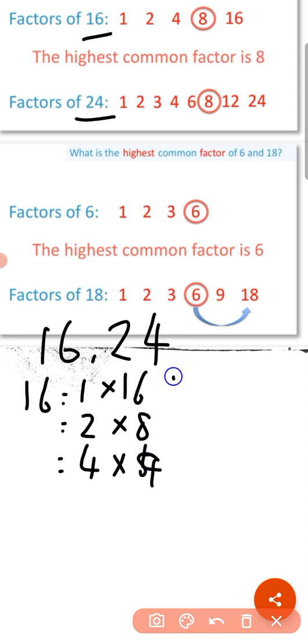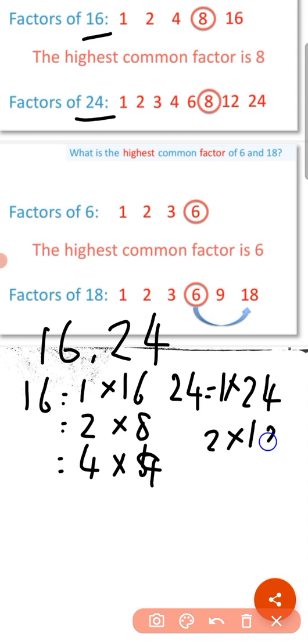Now find the factors of 24. 1 into 24, 2 into 12, 3 into 8, 4 into 6.